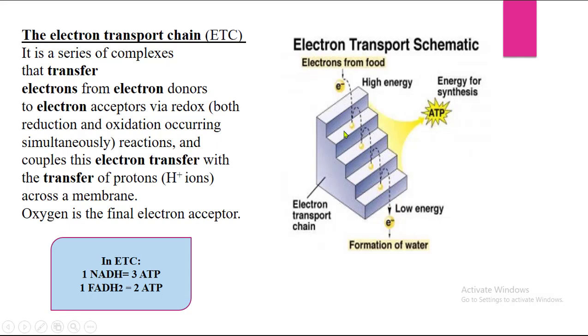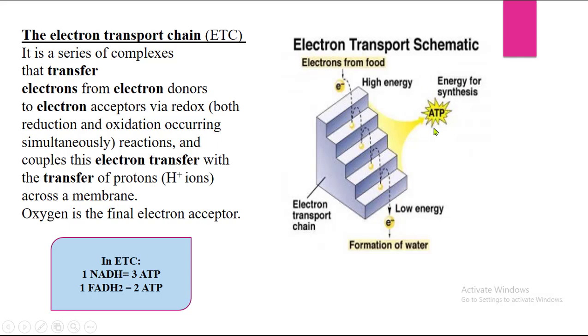Actually, they are a series of protein molecules which act as electron acceptors and electron donors. So the electrons from the high energy molecules are passed to these molecules, and when these electrons move from one molecule to the next, their energy is used to make ATP.